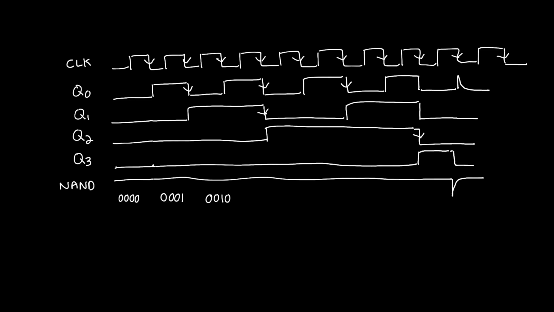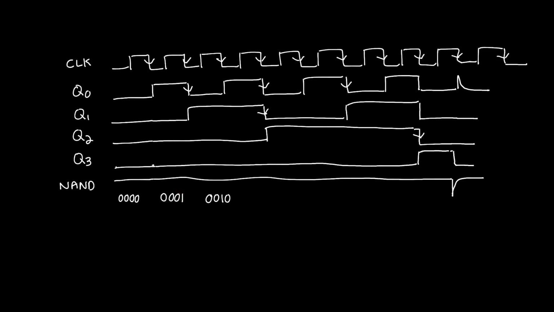So remember that when I take my counter output, I have to consider Q3 as my most significant bit. So that's the one on the left over here, and Q0 is this one over here. So when Q0 is low, it's a 0. When Q0 is high, it'll be a 1, like here.